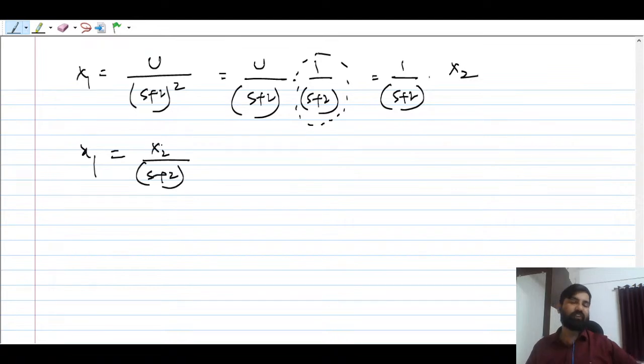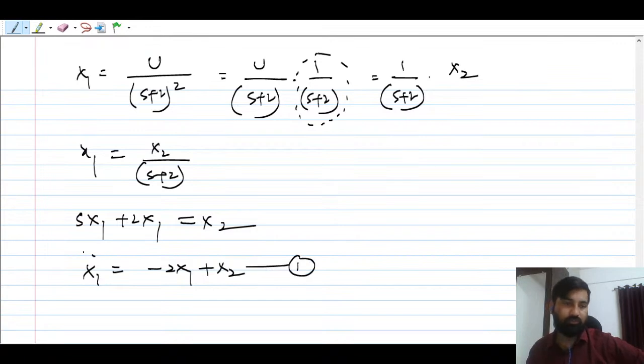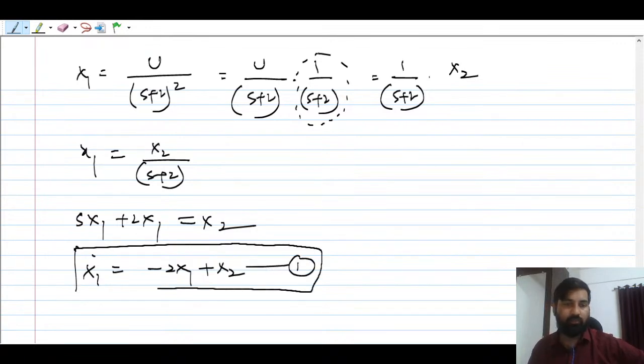You have taken the minus sign with the C matrix, so don't take the minus sign here. So this is going to be s x1 plus 2 x1 equal to x2. Now you see, x1 dot is going to be equal to minus 2 x1 plus x2. This is going to be number 1. I hope this makes sense. So this is the first equation that you have got.